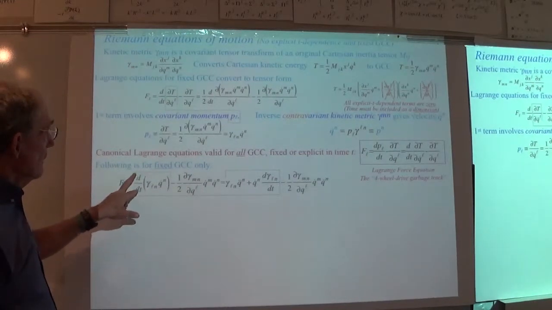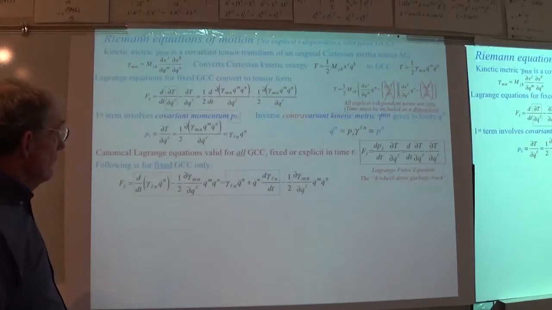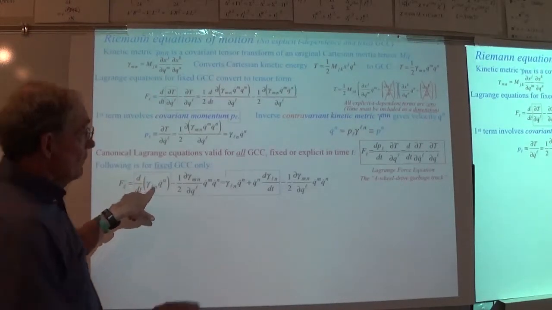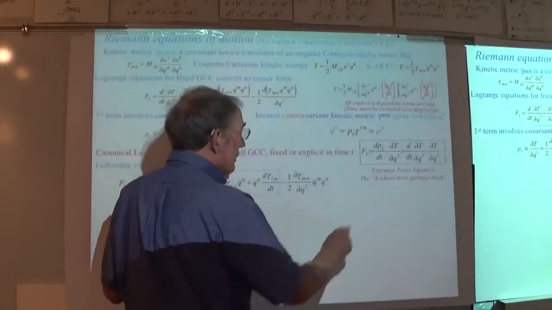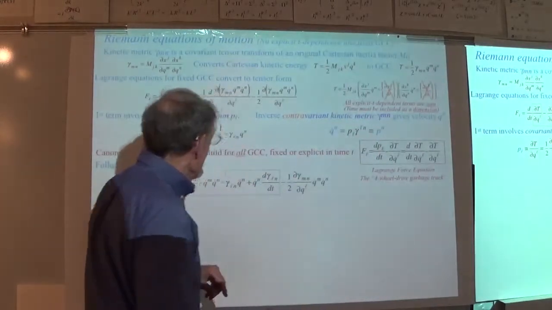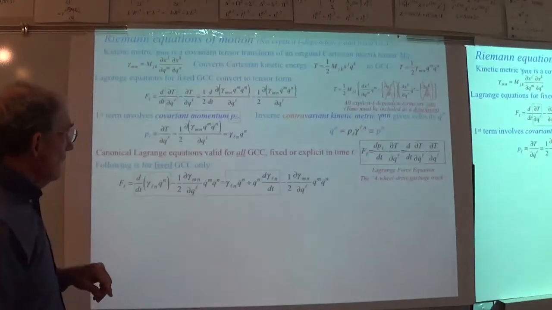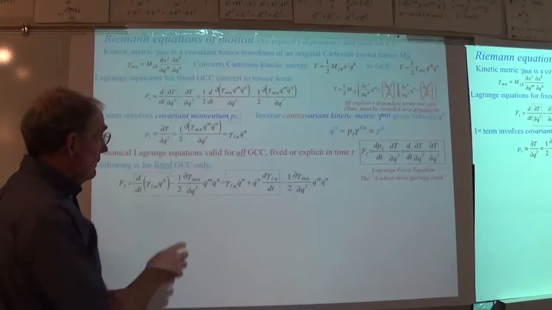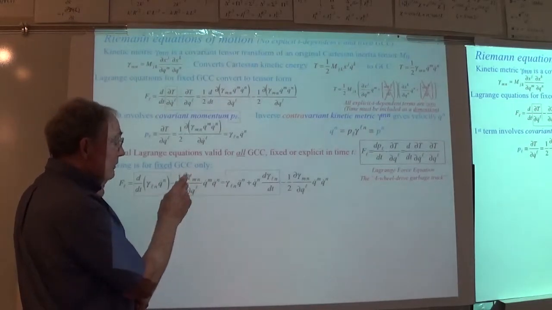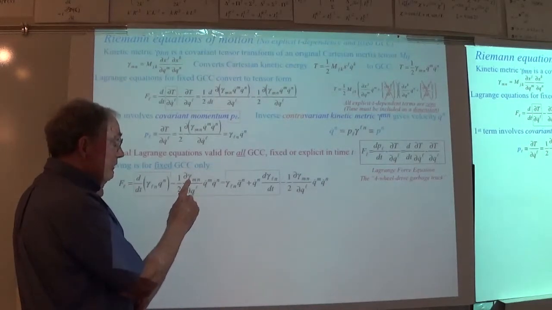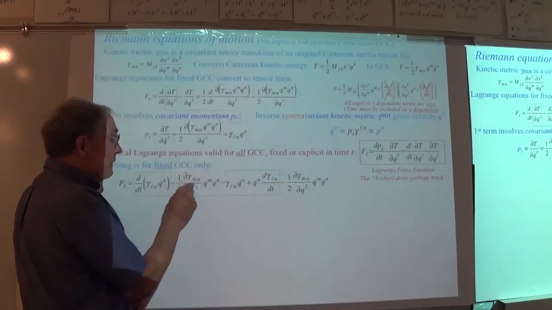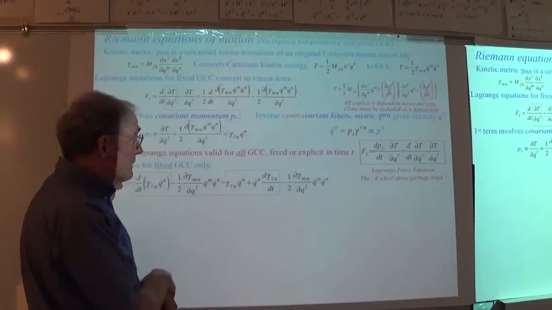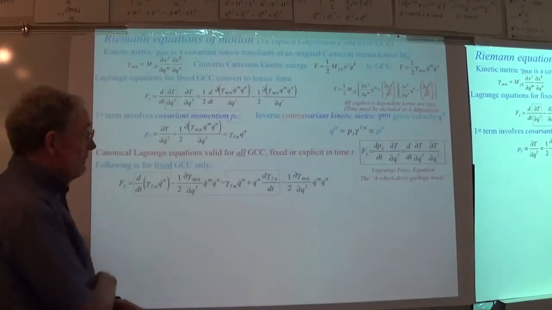So I go through here, taking the time derivative of this thing, as I'm supposed to do. This is the momentum, so I'm talking about dp dt right there. And then I'm going to be subtracting a partial derivative with respect to q of the kinetic. So it's going to involve the curved GCC dynamic metric, the way we've been doing our Lagrangian stuff here.